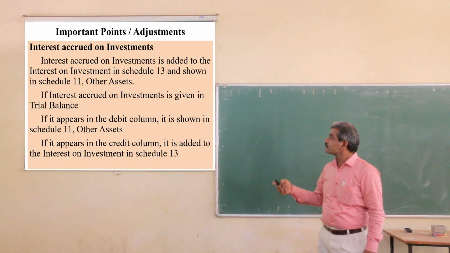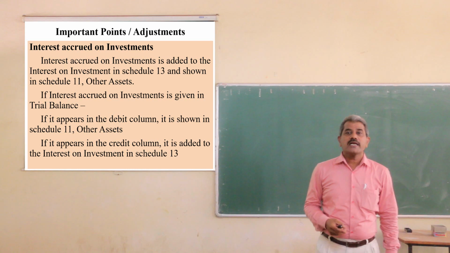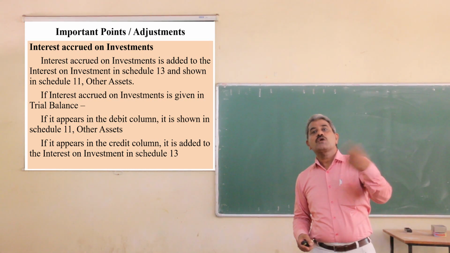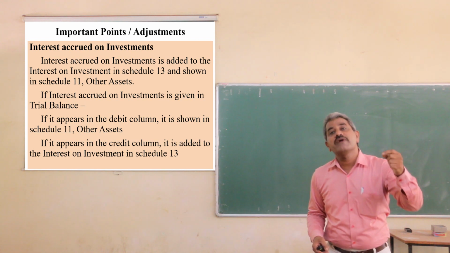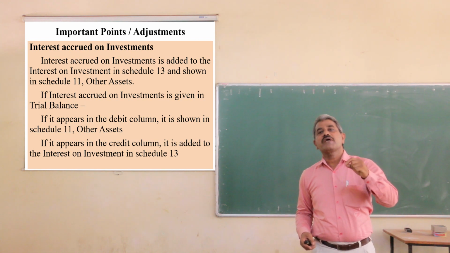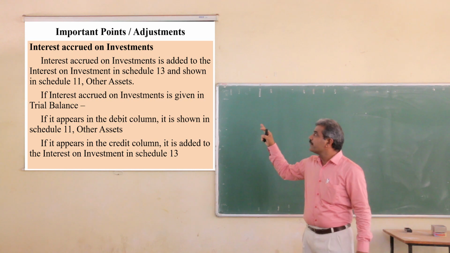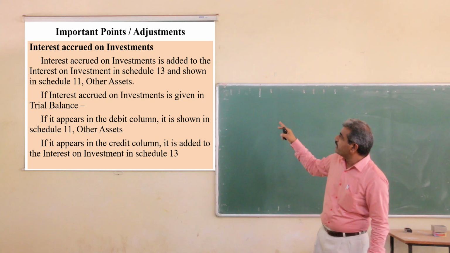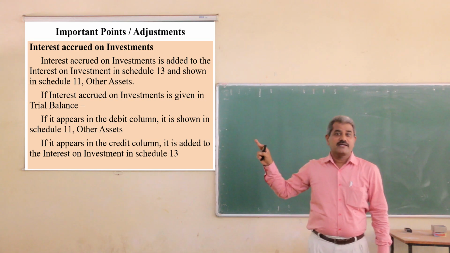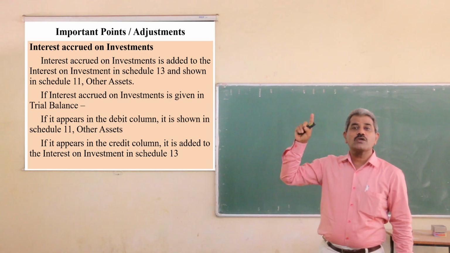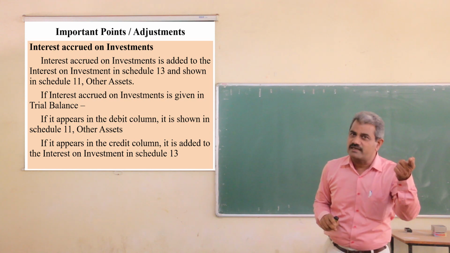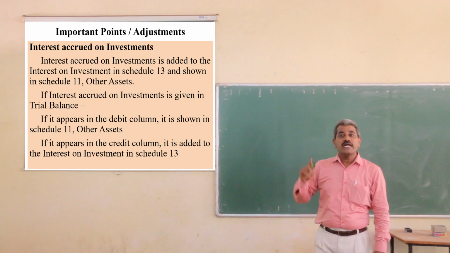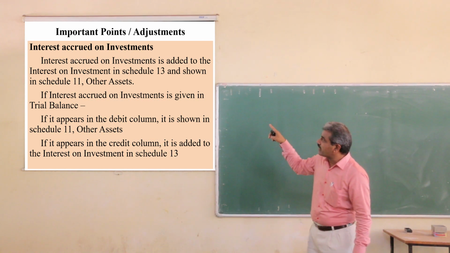Then next is interest accrued on investments. Interest accrued means interest receivable on investments. If it is given in the adjustment, then it should be added to the interest on investment in schedule number 30.